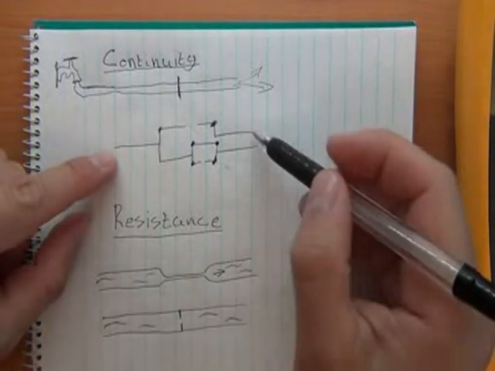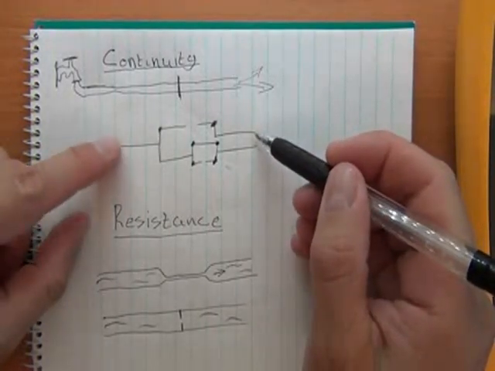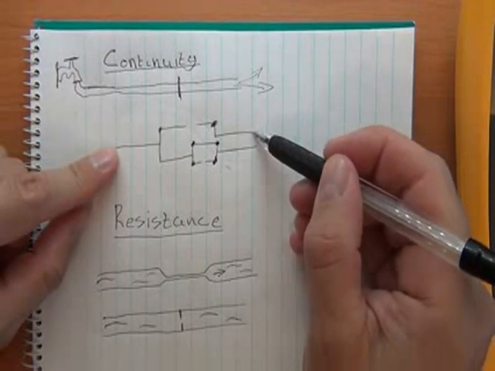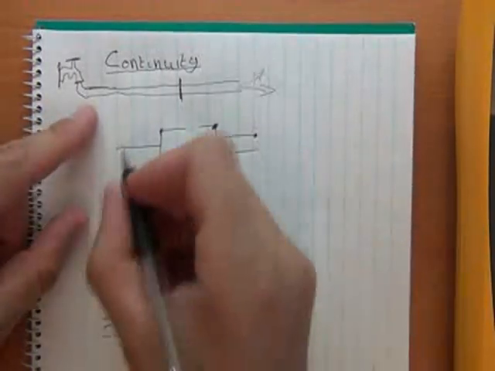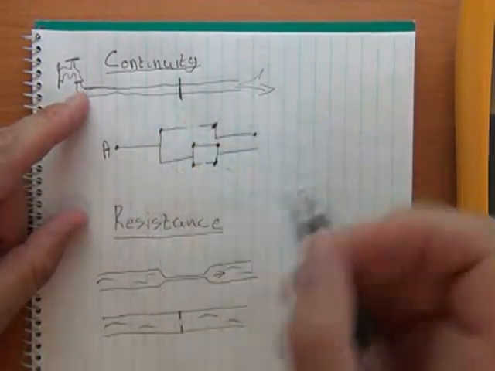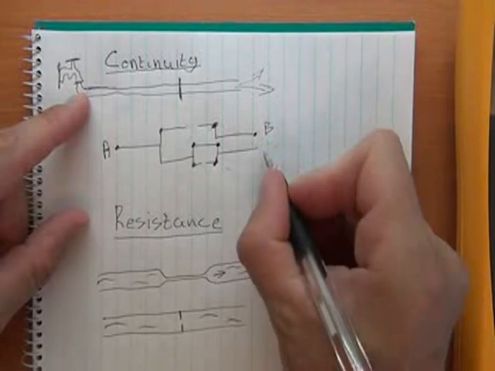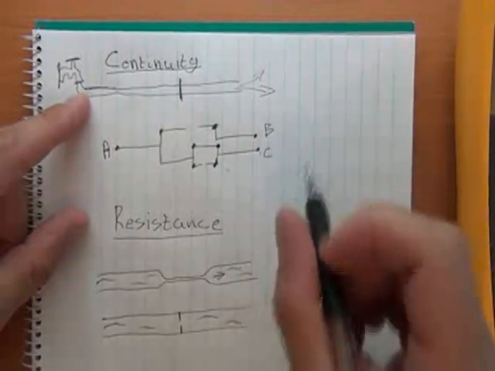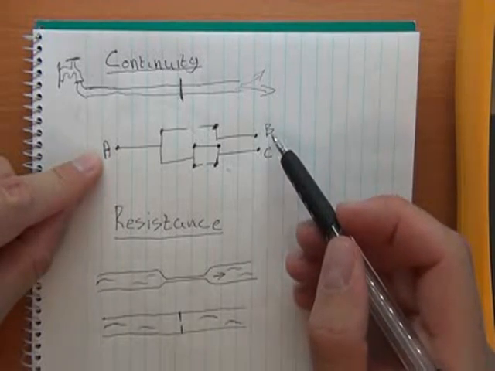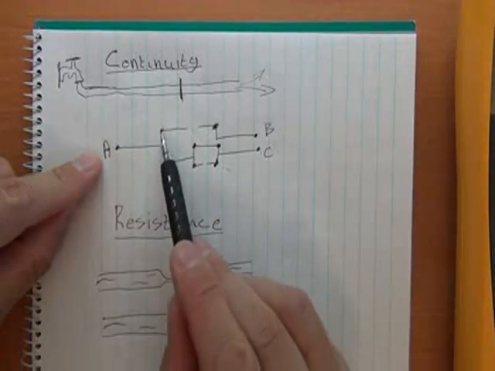If I had to take my multimeter and check continuity between these 2 points over here, and let me just label them. So you've got point A, B, and C. If I check between point A and B, have we got a continuous path?